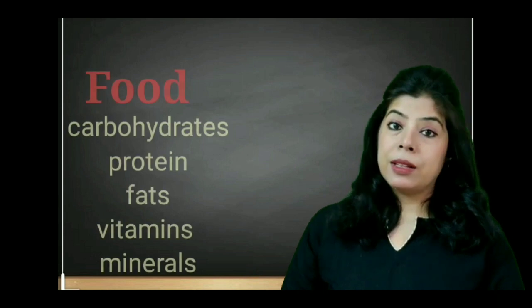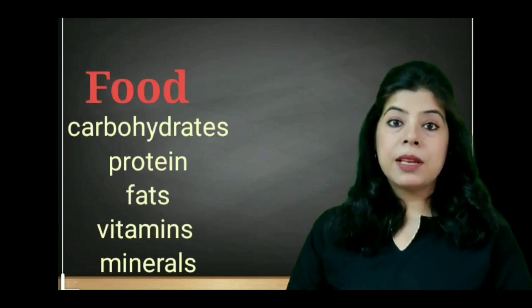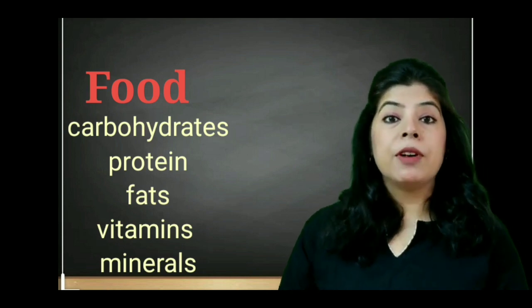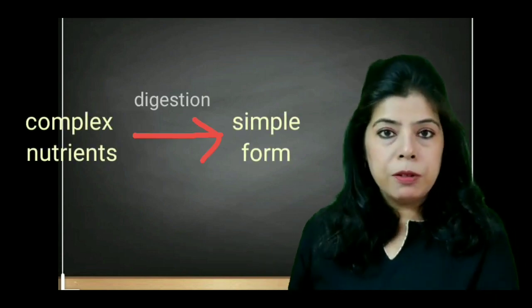The food which we eat is in the form of complex structures. The food we eat has various nutrients in it, like carbohydrates, proteins, fats, vitamins and minerals. But these nutrients have a complex structure. My body cannot absorb these nutrients in the same form. So in the process of digestion, these complex structures of nutrients are converted into a very simple form which my body can easily use or absorb.